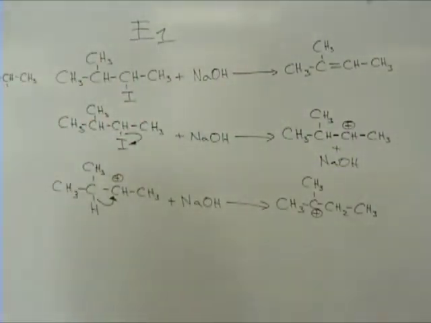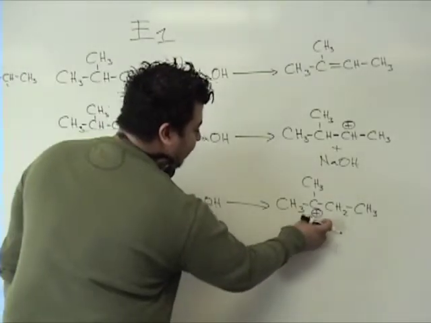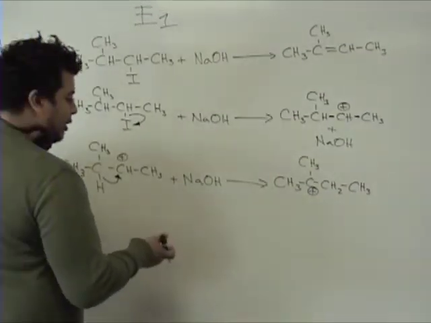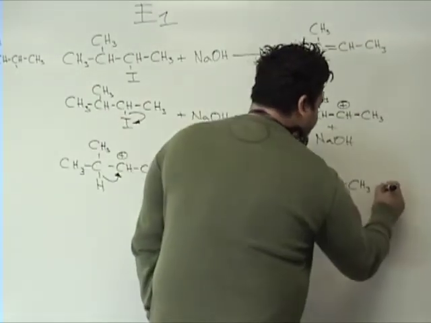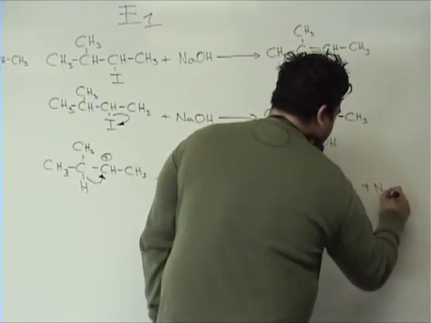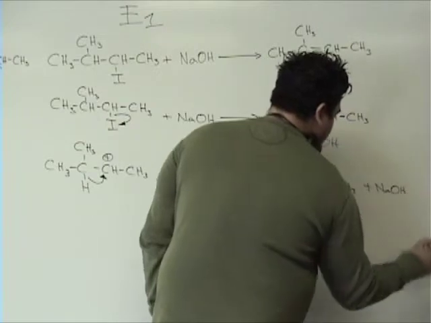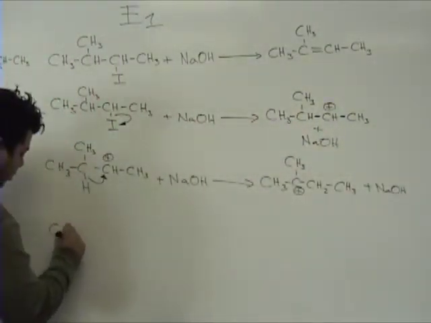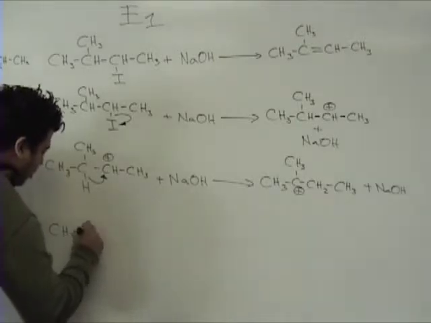Okay, so now we have a tertiary carbocation, which is more stable than secondary. We still have the base right here, NaOH. And then I'm going to copy that right here.